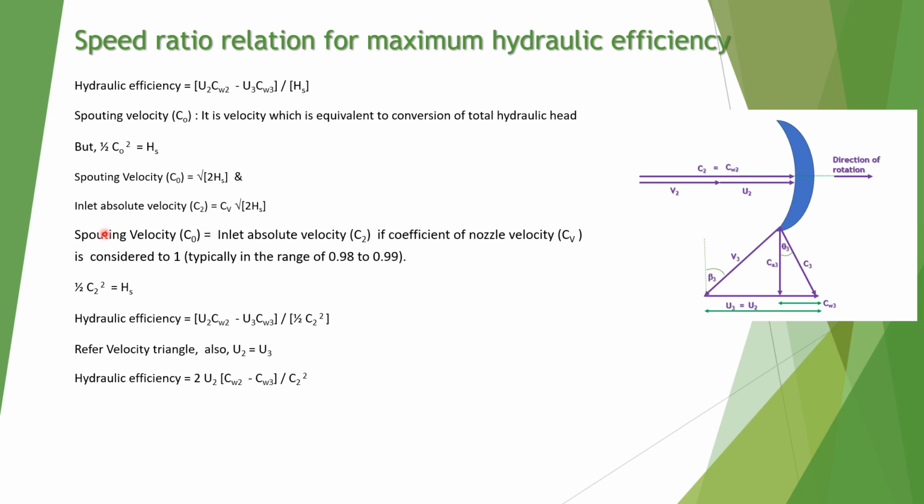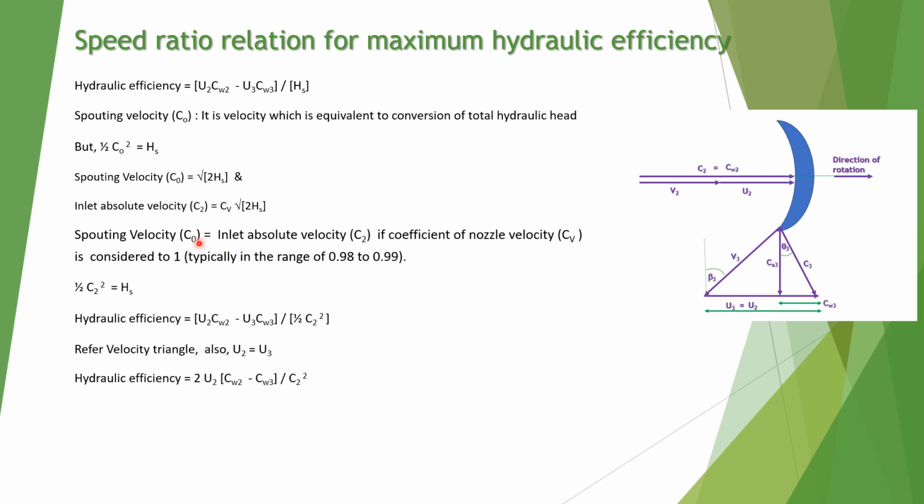So spouting velocity C0 is equal to inlet mean absolute velocity C2 if CV, which is the coefficient of nozzle velocity, is considered 1. Generally, this value CV lies in 0.98 to 0.99.